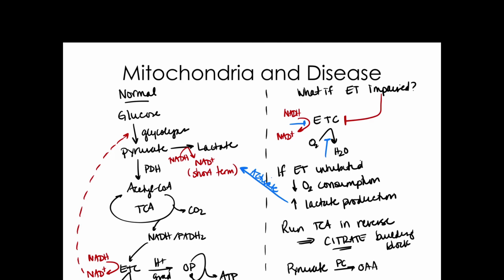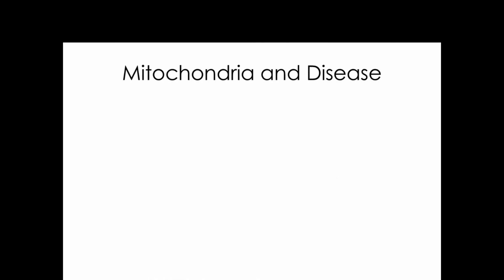So lots of important biosynthetic chemistry can happen within the mitochondria. Lots of anabolic processes can happen. We've traditionally thought of things happening in a catabolic pathway. But if we inhibit the electron transport chain, we can do a lot of chemistry that allows us to do anabolic processes, which, if you're a cancer cell, is a really important thing to think about.